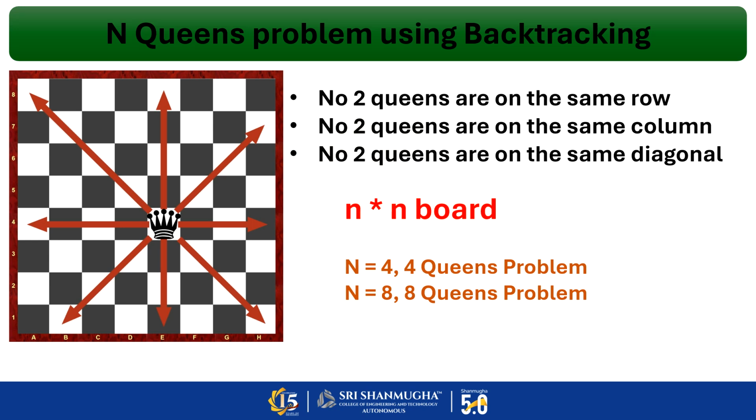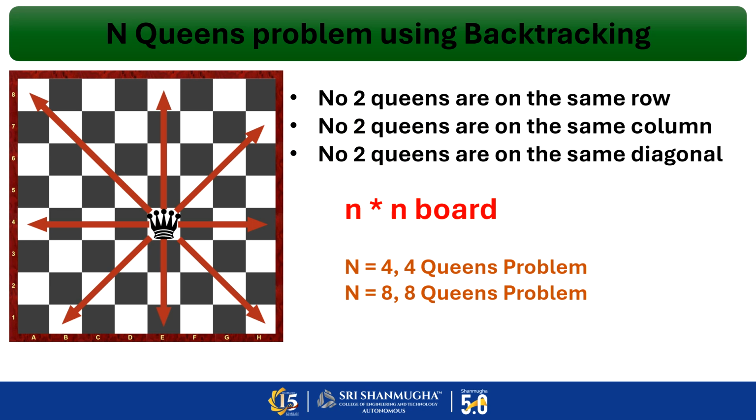That means if a queen should not attack another queen, no two queens should be on the same row, the same column, or the same diagonal. So this is our condition. Based on this, we are going to place the queens on the 4x4 board. That is 4 into 4.